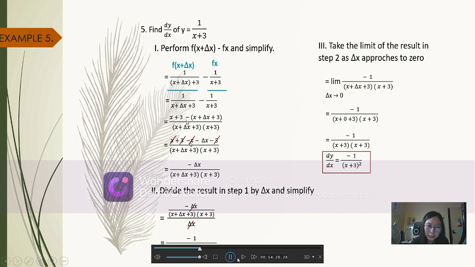Ayan. Then, ito din, yung x plus 3, ito times natin siya sa 1. So, kaya naging x plus 3. Then, magka-cancellation na tayo. Cancel natin yung x, yung 3, yung x, tsaka 3. So, magiging sagot is negative delta x over x plus delta x plus 3 times x plus 3. So, step 2.